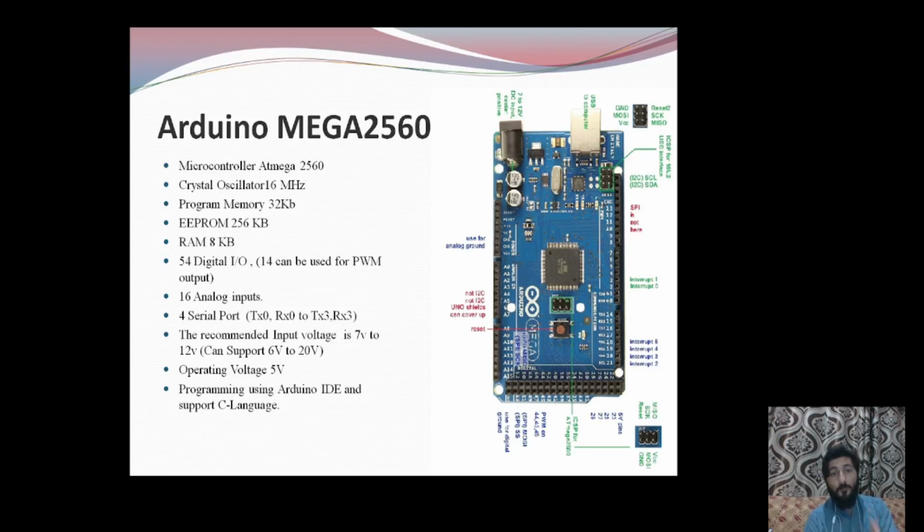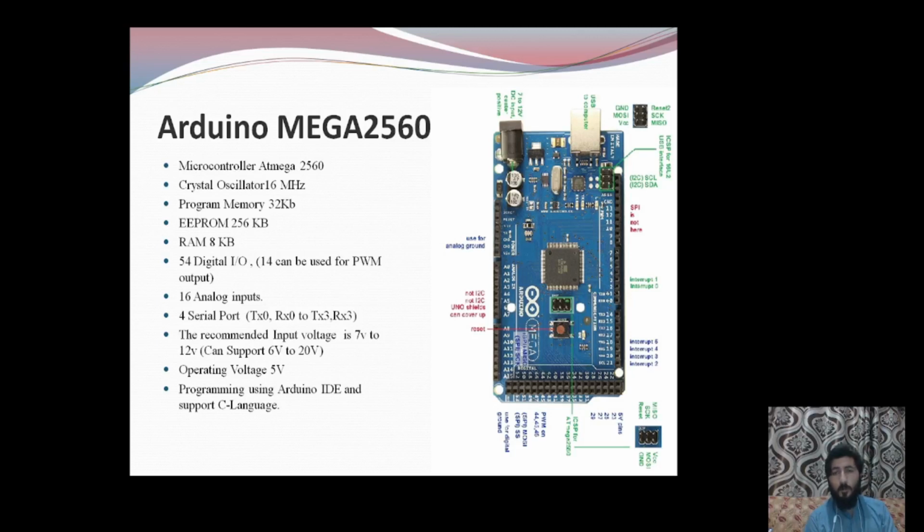It has 54 digital IOs, of which 14 can be used for PWM output. It has 16 onboard analog inputs. You will also find 4 hardware serial ports. By programming, you can also use software serial ports, but right now I'm not going to explain that.